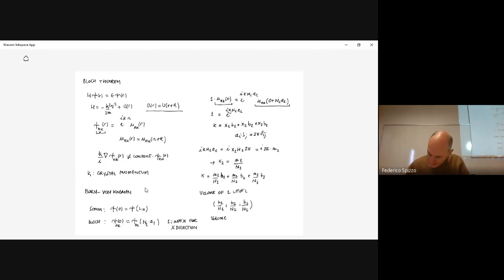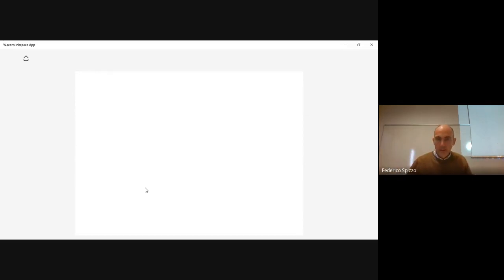So we have B1 divided by N1, scalar product, B2 divided by N2, vector product, B3 divided by N3. Again, this reduces to the volume of the cube if we have three vectors orthogonal with each other.